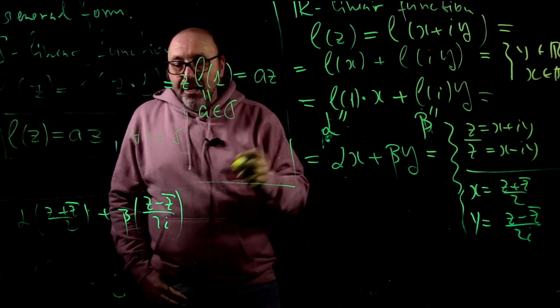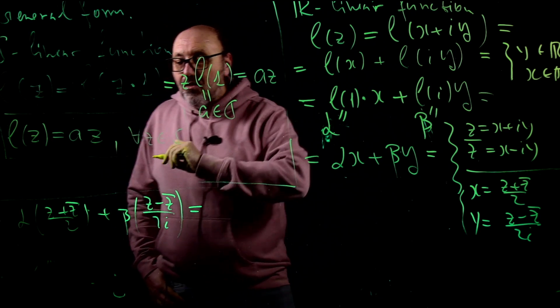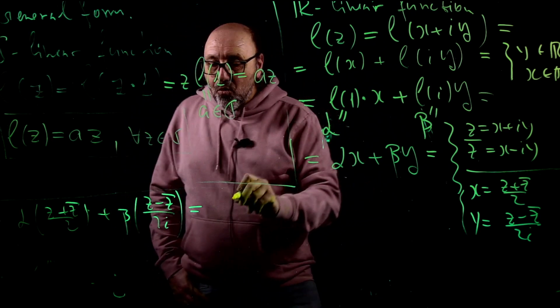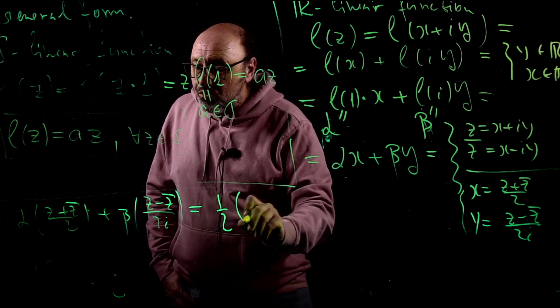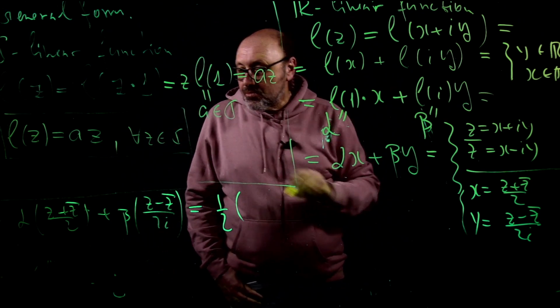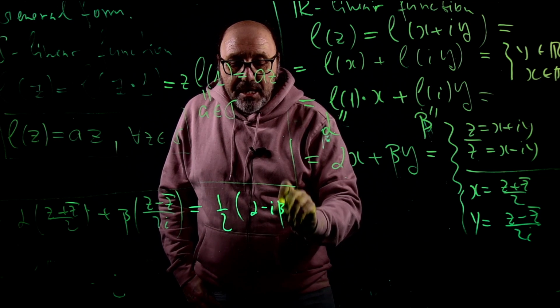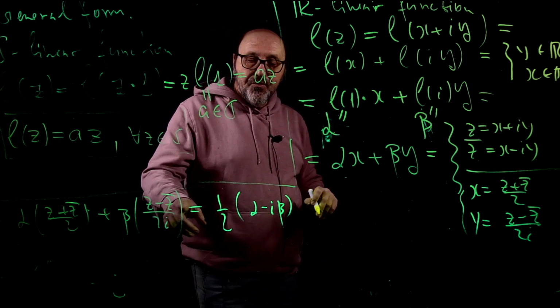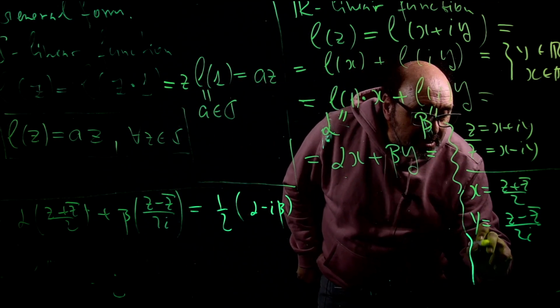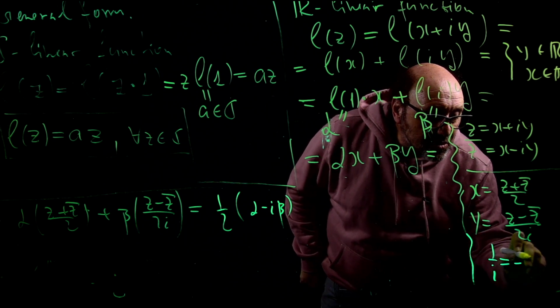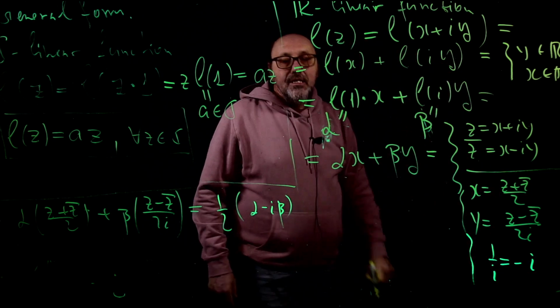And now we can rewrite it. Of course, we can rewrite it in the form 1 over 2 times (alpha minus i beta) z. Here I use the fact that 1 over i is of course minus i, right?